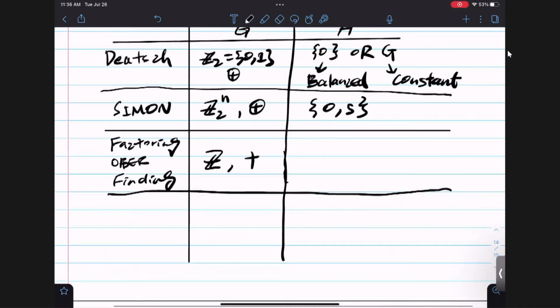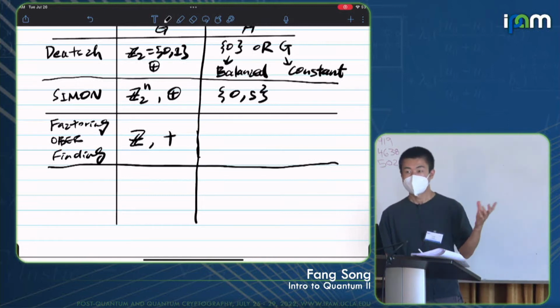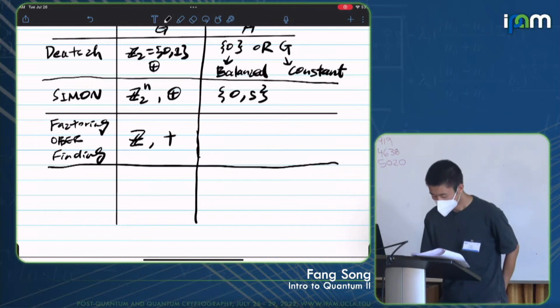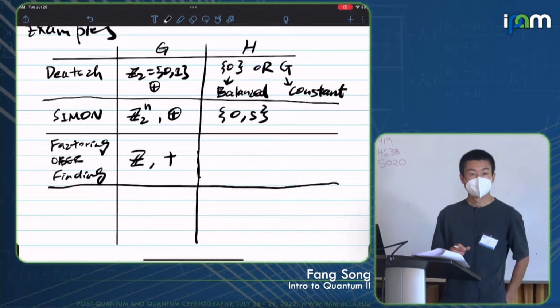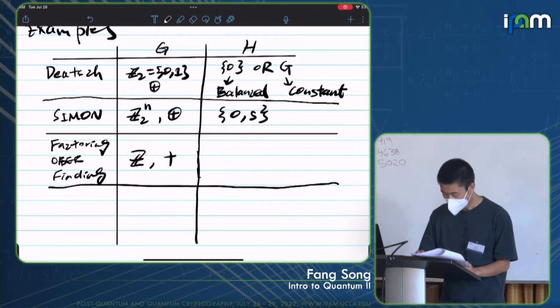Now the interesting thing is, what is the hidden subgroup in this case? What's hidden by the modulo exponentiation function? Let me give you another hint.